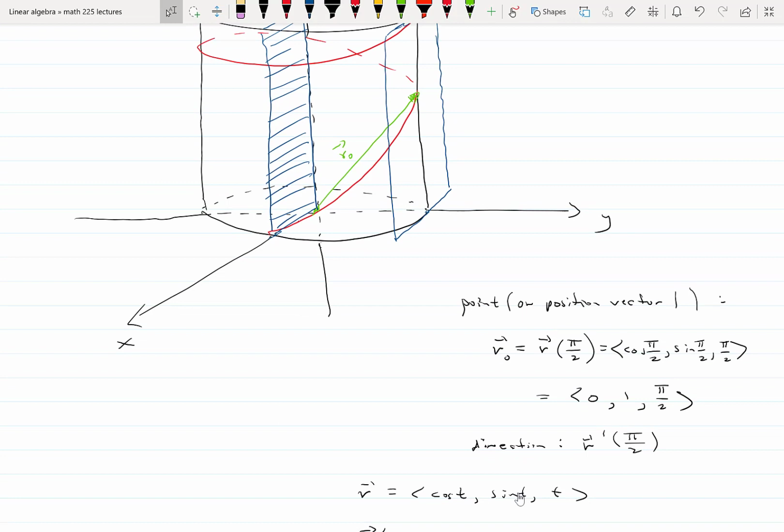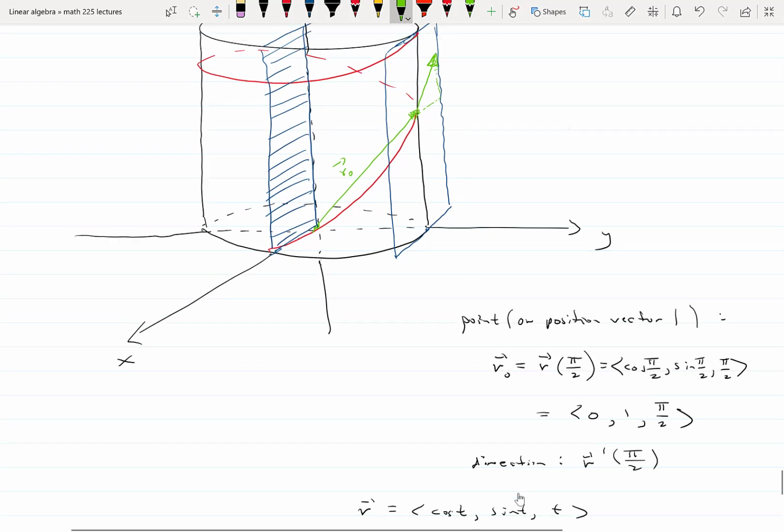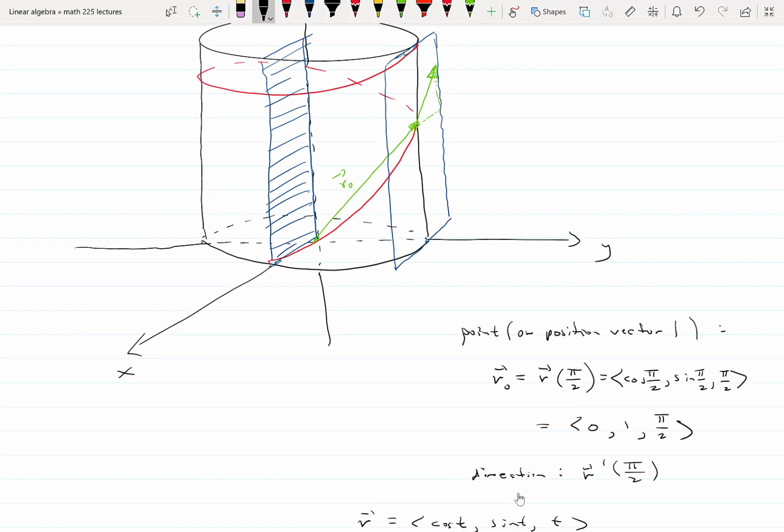How can I actually draw that in here? I'll draw it in green also. It's not going to look very nice. Negative 1, 0, positive 1. There it is. That's all we're going to get. There's the tangent vector. I'll draw the actual tangent line in there. Maybe that'll make things look a little better.